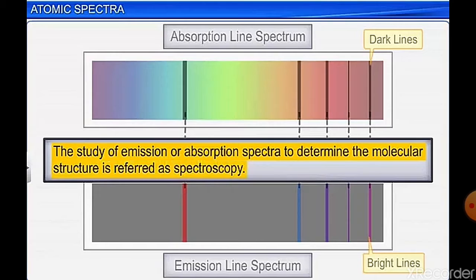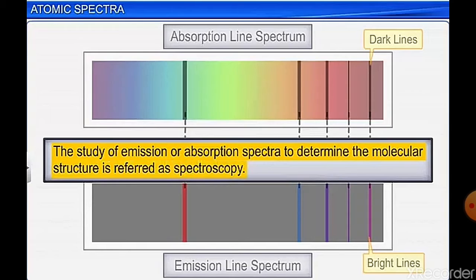On the contrary, in the emission spectrum, the background is black and dark, and you get colored lines. If you see the absorption and emission spectra of an atom specifically, where you had bright lines in the emission spectrum, in its absorption spectrum you will have dark lines. So this is the basic difference between absorption and emission spectra.